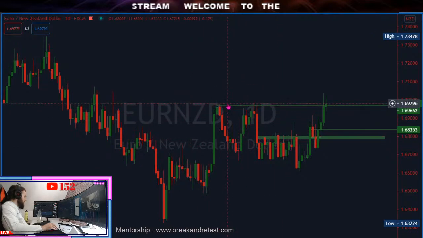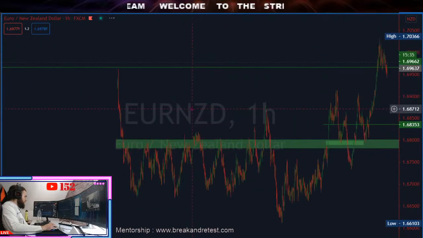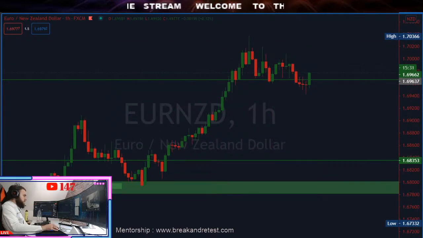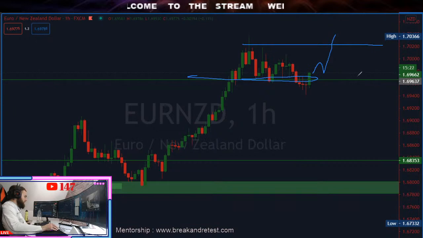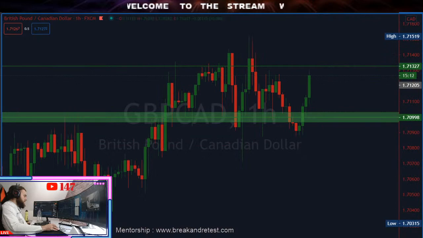Actually, it's above daily resistance, so we could fill this wick on the daily maybe. The 1 hour is a little bit messy, but it looks like there was a small zone here and now it's pushing above that. So it could be something like this and fill the range to the upside. That's a possible thing that can happen here, but honestly, I don't see anything there right now.